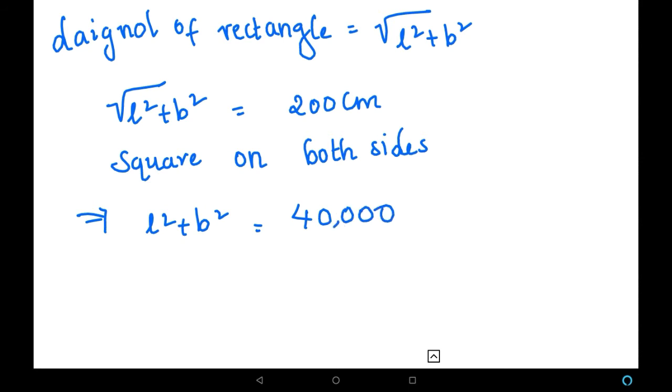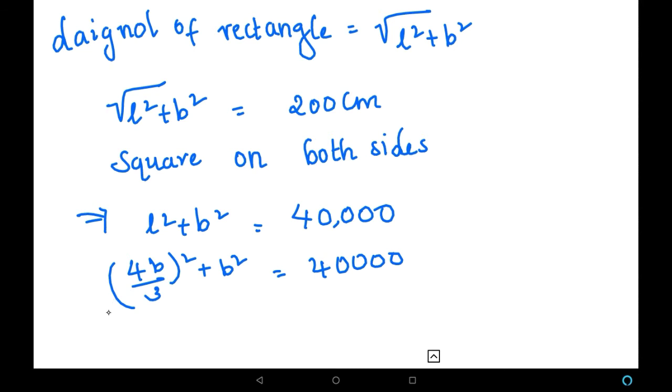Now we are going to substitute the value we found from the ratio. In the last step we found L in terms of B, so we substitute it in L square plus B square. That becomes (4B/3) whole square plus B square is equal to 40,000.